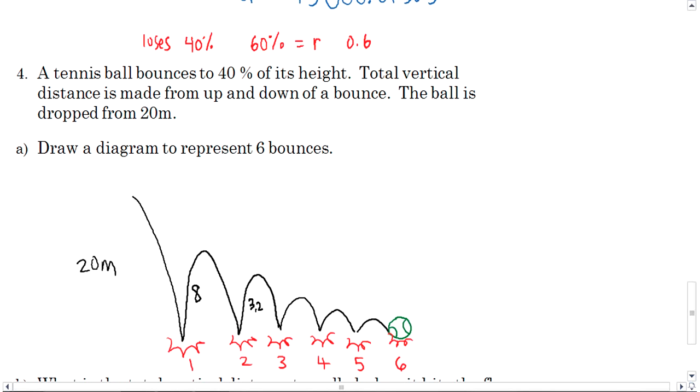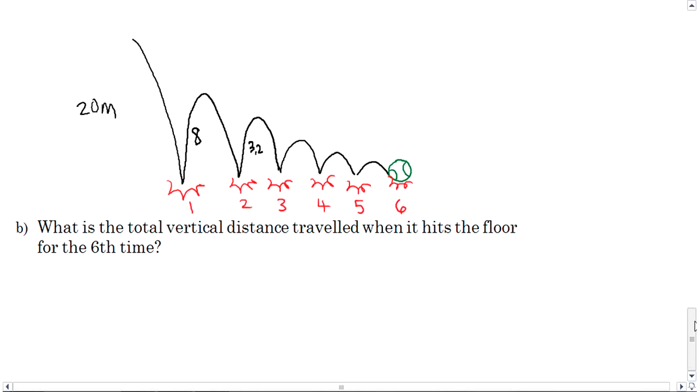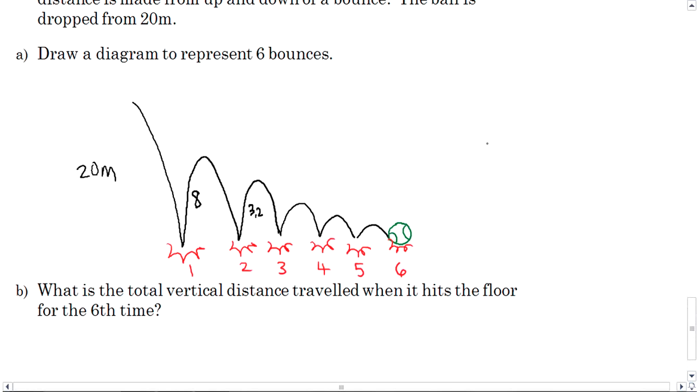If I want to make it a more difficult test, I would do that. So watch out for things like that. You have to be very careful not to just plug everything away. Okay, so there's a picture, and the question is, what is the total vertical distance traveled when it hits the floor for the 6th time? So this is what they're really asking for.